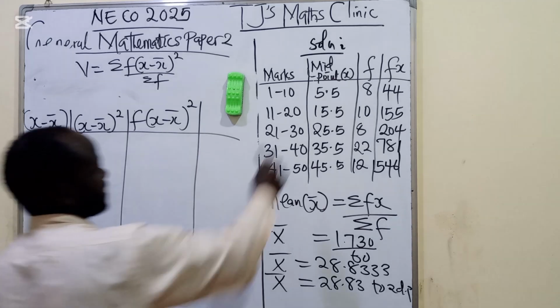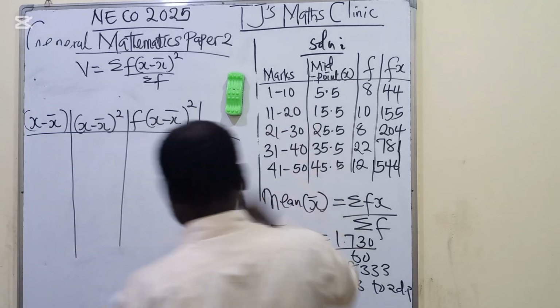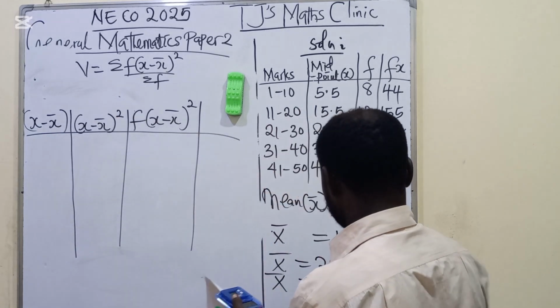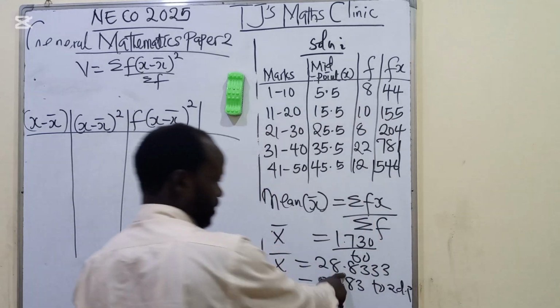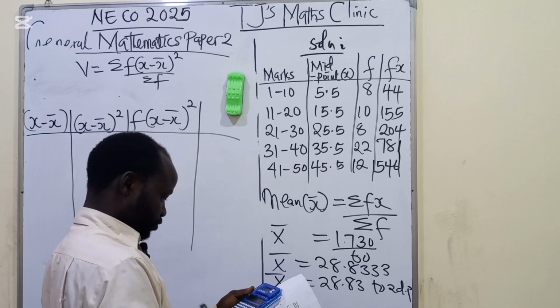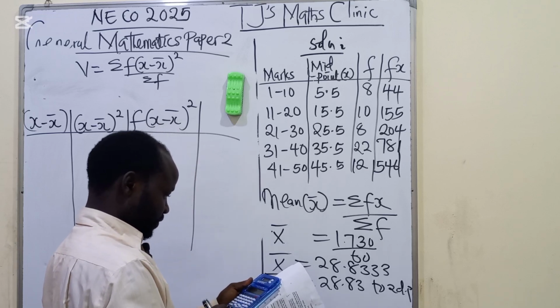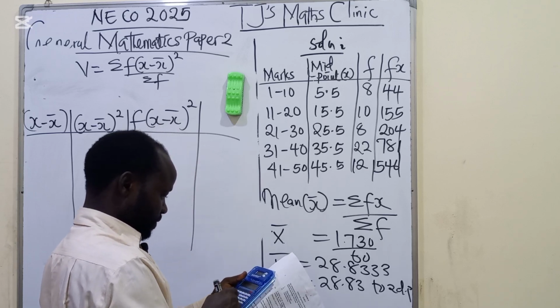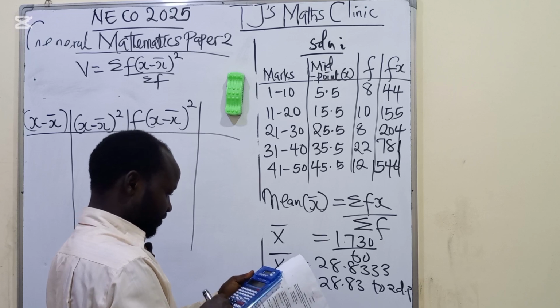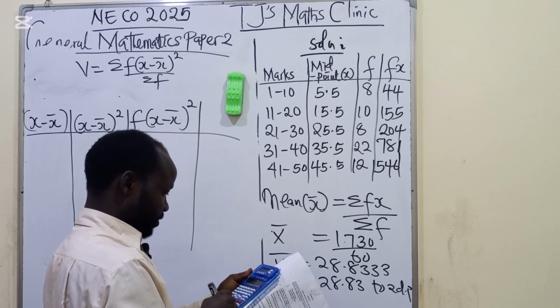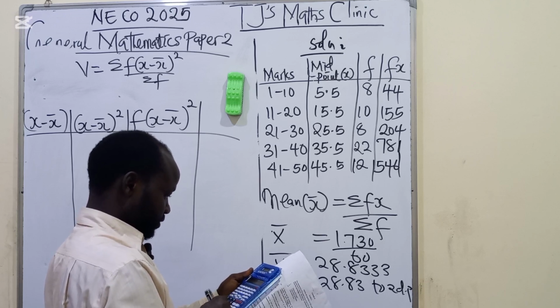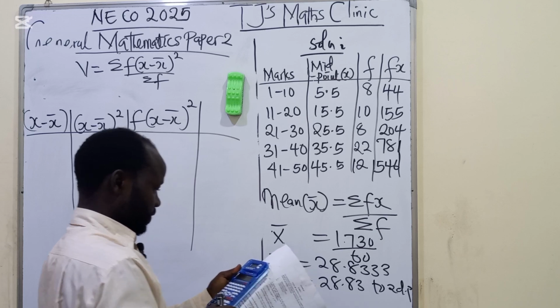Whereby we'll get our x minus x bar. So our first x is 5.5 minus, we use 4 decimal places now, 28.8333.